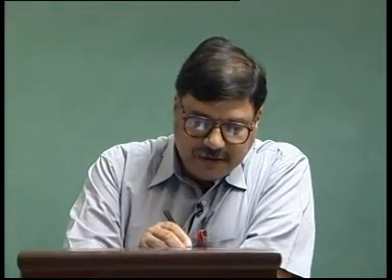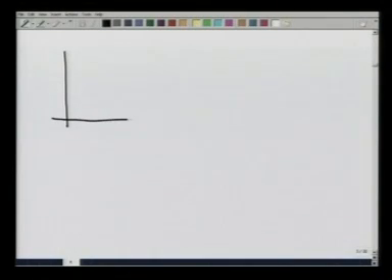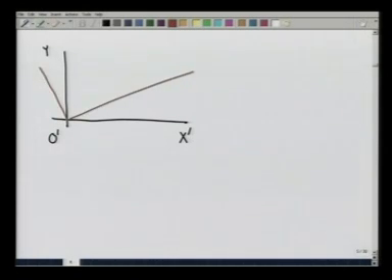Let me summarize this. So, we considered an inertial frame x prime with origin O prime, y prime, and considered a frame which is rotating, and considered a vector which is fixed in the rotating frame. Then we found that delta A in the inertial frame is equal to omega cross A delta t.